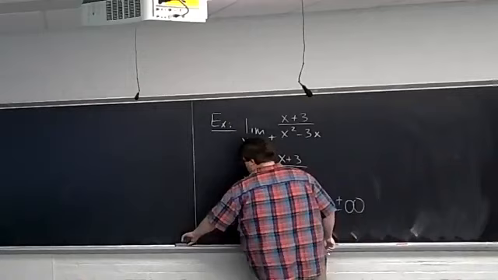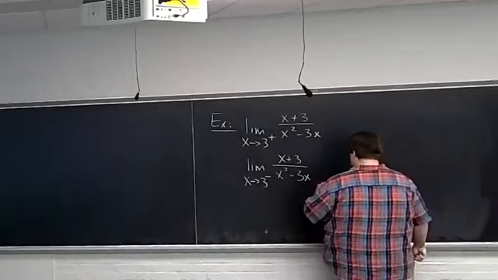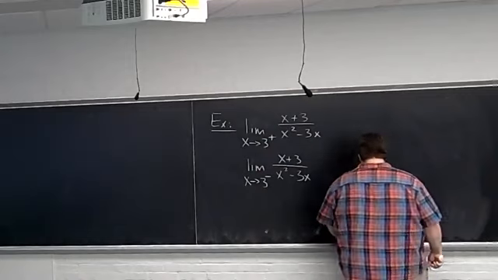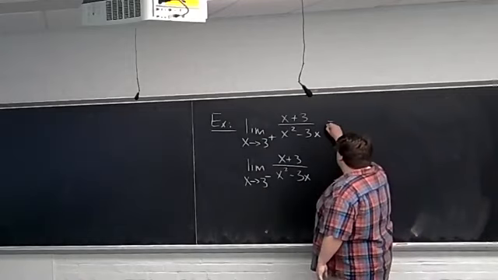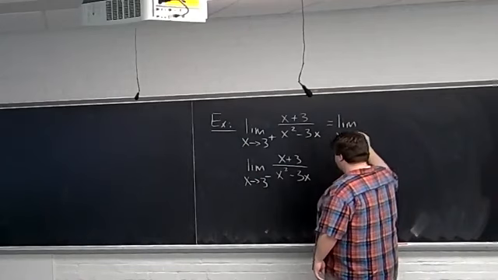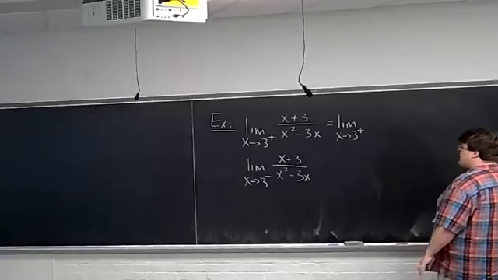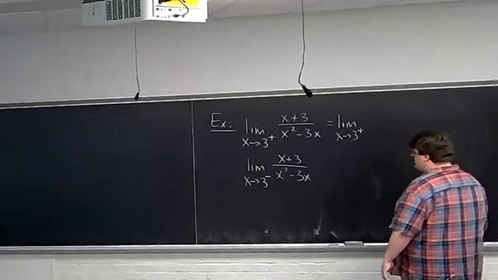If we want to figure out which one, then all we have to do is worry about the signs on both sides of 3. How can we do that? Well, there are a couple ways you could do it. You could do a direct substitution on the right of 3 and the left of 3.